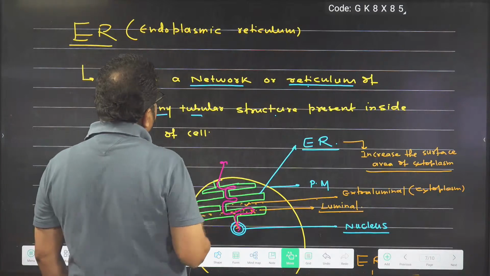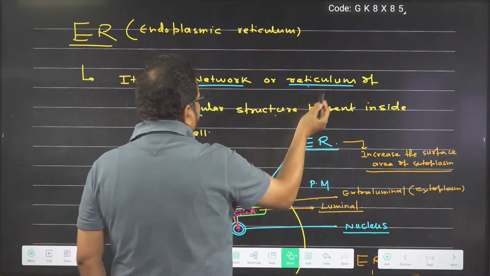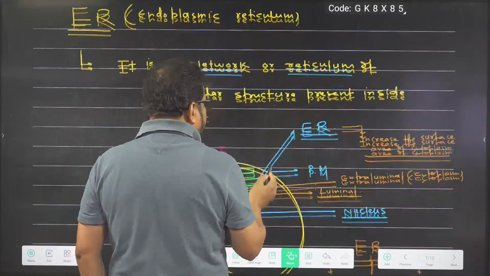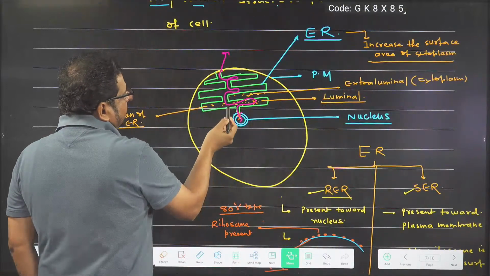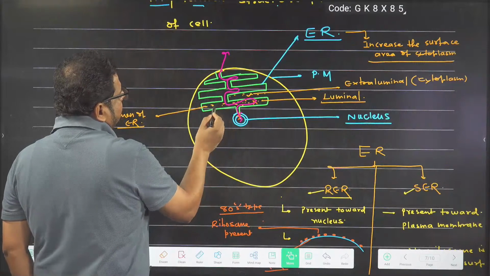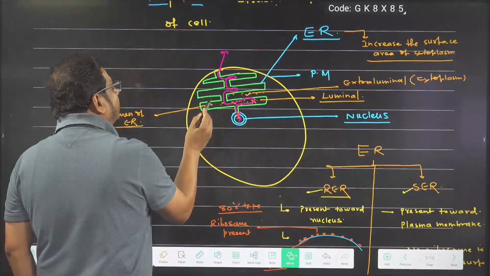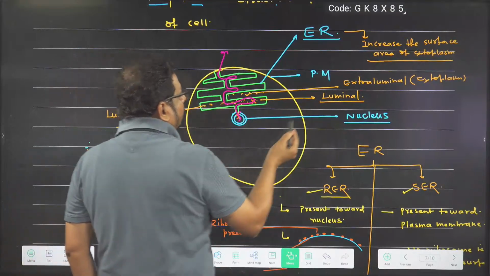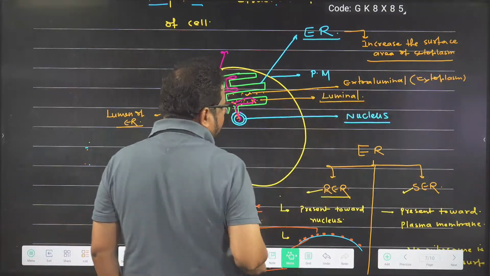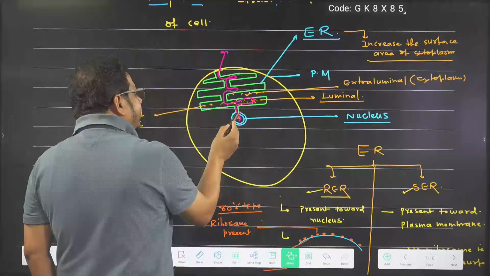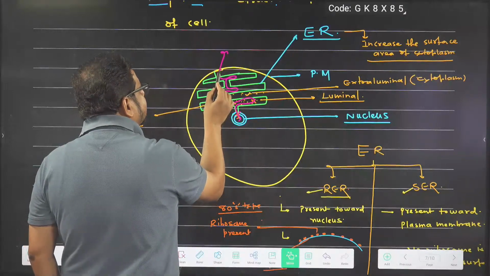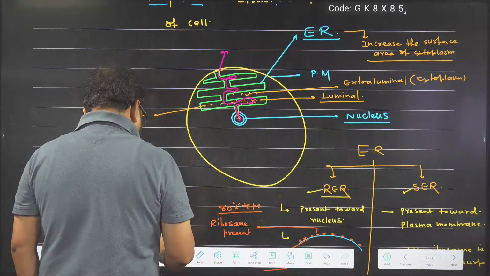So endoplasmic reticulum, I told you, is a network or reticulum of tiny tubular structures dividing the components inside the cell into two parts, intraluminal and extraluminal. Inside the lumen, outside the lumen. Normally the extraluminal part is the cytoplasm. One side is attached to the nuclear membrane, another side to the plasma membrane.